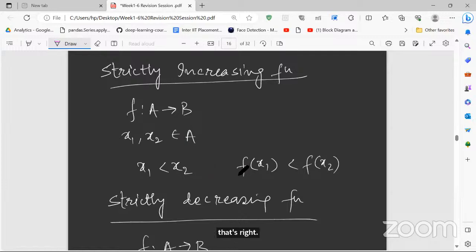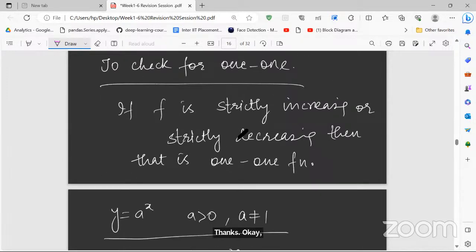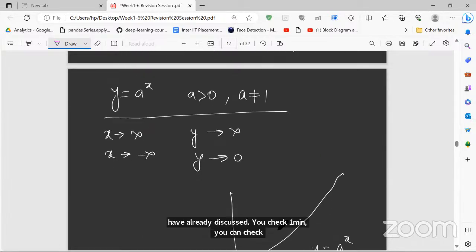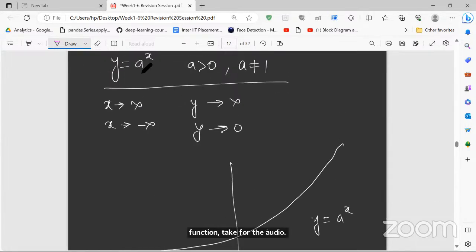What are the important things that I'm discussing? Otherwise, more concepts I would discuss, but we are just discussing all those points. So strictly increasing, decreasing, I've already discussed. You can check with strictly increasing, strictly decreasing, or you can just plot the function and check for the horizontal test. For any function a to the power x, you can get the behavior by putting x equals infinity, y equals infinity.